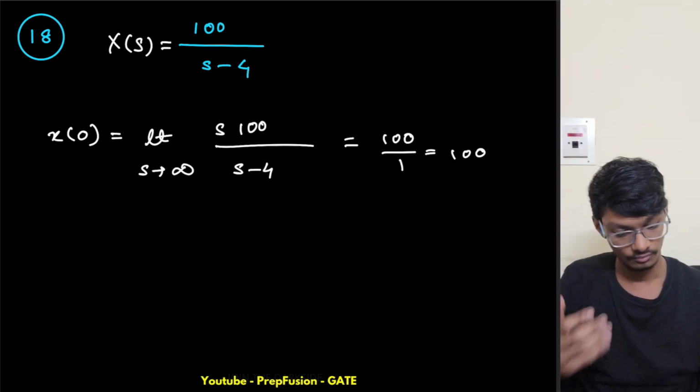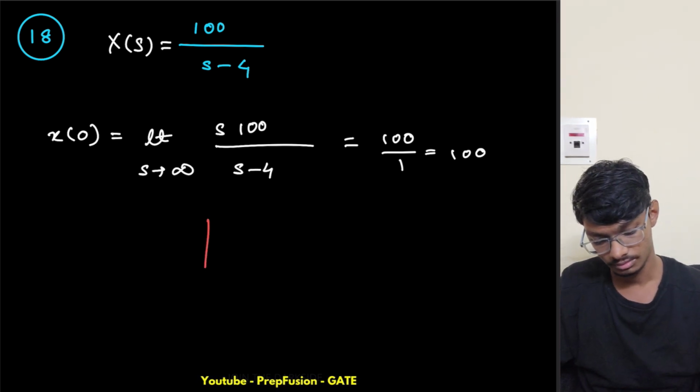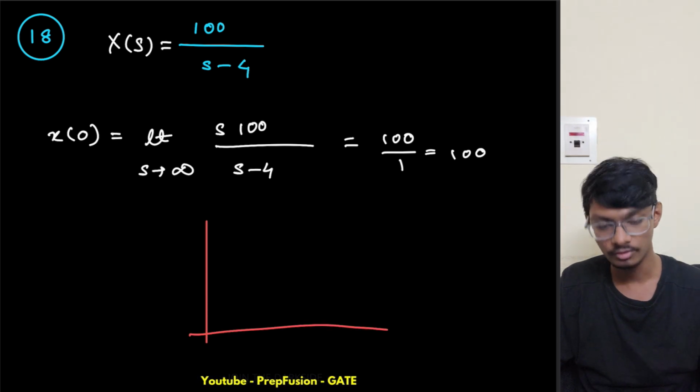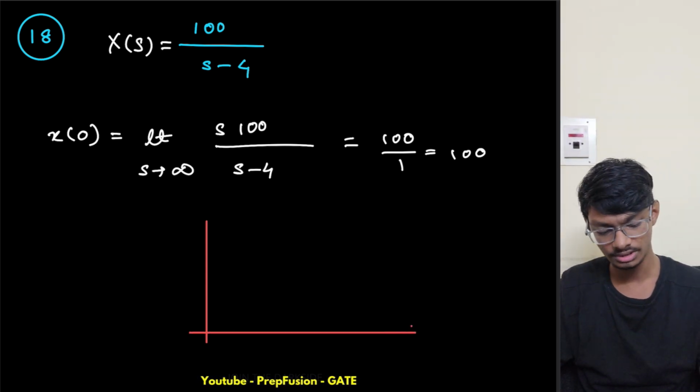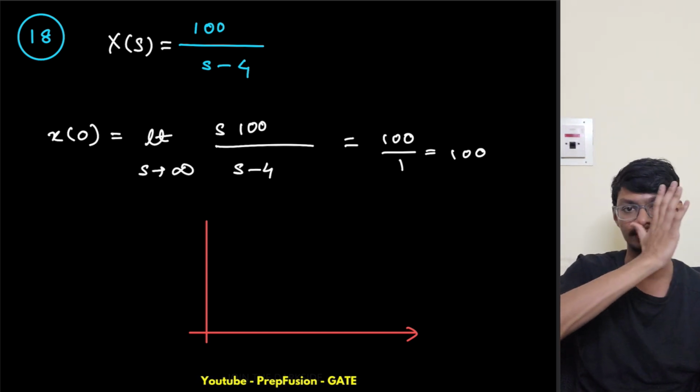So we are getting an initial value, but this system is unstable. We can find the initial value for an unstable system. That is fine. Why? Because we're just finding the initial value, we're not finding the final value. The final value is unbounded, it is infinity, we don't know.